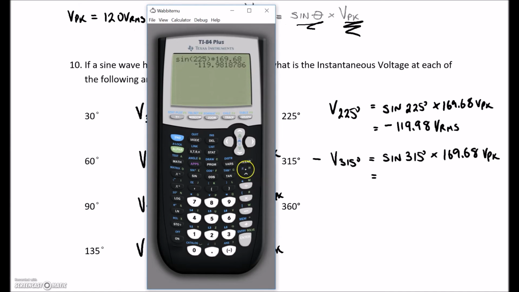So again, let's clear this out, but we know what the answer is going to be. We have the sine of 315, let's close those brackets, times 169.68, and that gives us again negative 119.98.